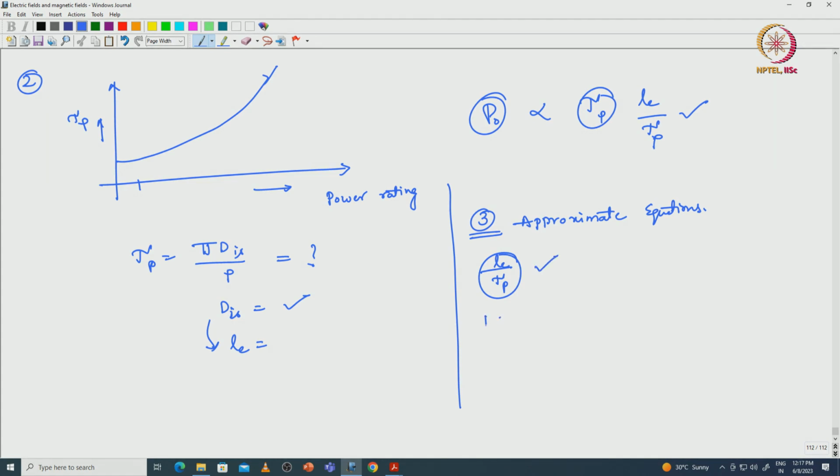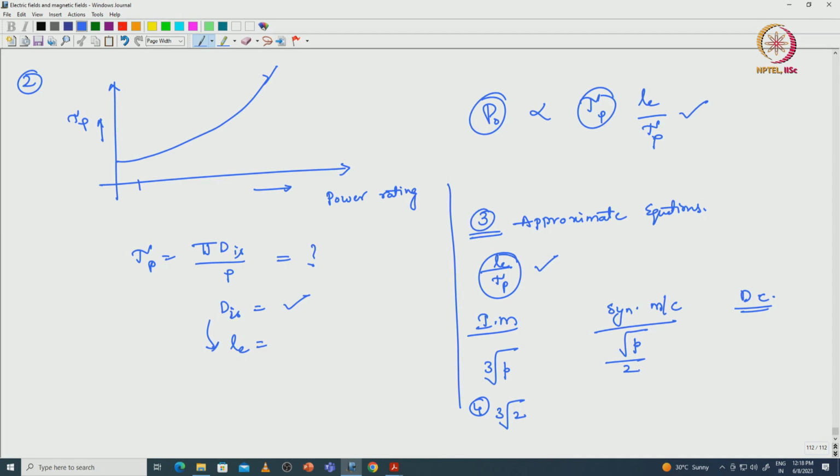We will see the aspect ratio for induction machine, synchronous machine and DC machine. For an induction machine, it is the cube root of pole pairs. If it is a 4 pole machine, the L by tau p ratio will be cube root of 2. If it is an 8 pole machine, cube root of 4, like that. And for a synchronous machine it will be square root of pole pairs by 2.